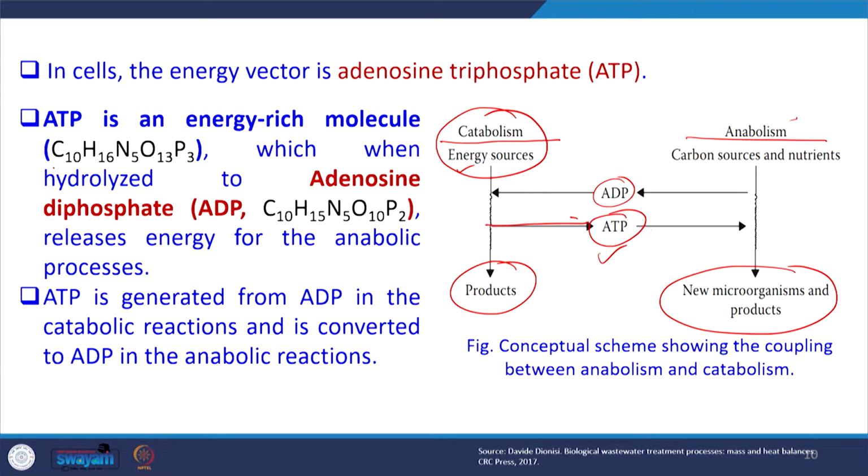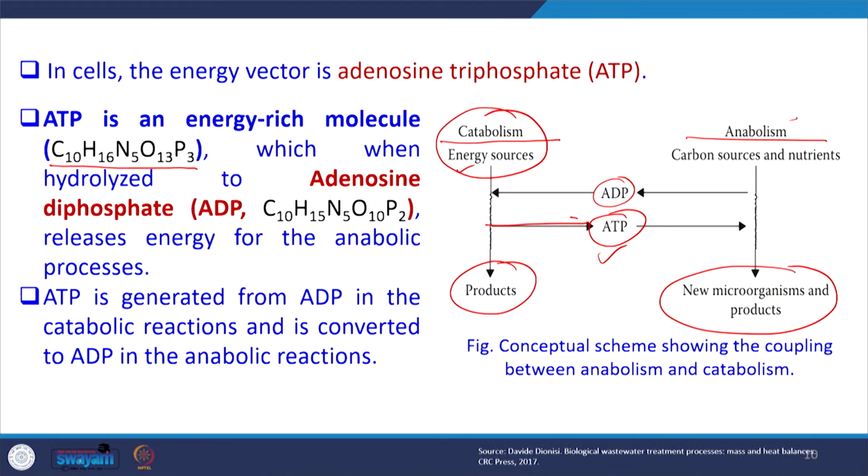Now, in cells thus the energy vector is ATP, and ATP is an energy rich molecule which can be represented by this particular formula, C10H16N5O13P3, which when hydrolyzed gives ADP. ADP is adenosine diphosphate. In place of triphosphate we have diphosphate. And during this reaction the energy is released to the anabolic process which occurs.